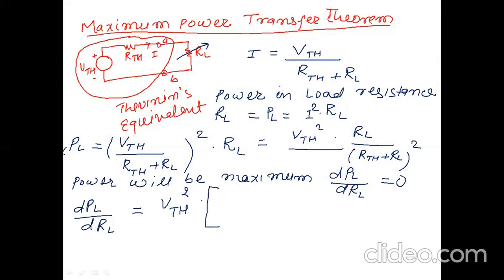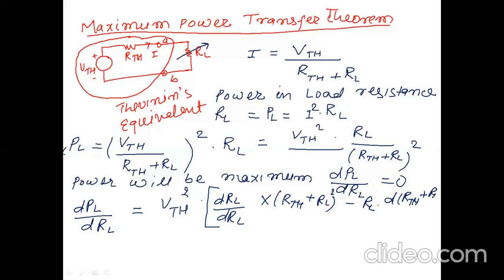First we differentiate the numerator, dRL by dRL, multiplied by the denominator RTH plus RL whole square. Again we put a minus sign and differentiate the denominator and multiply by the numerator RL.